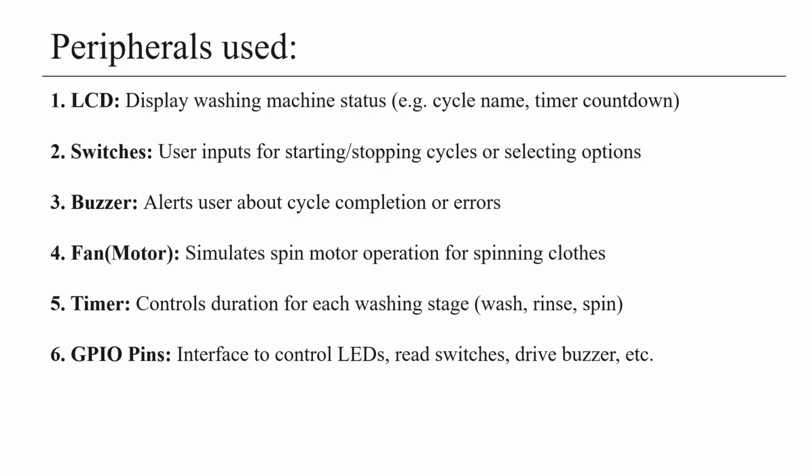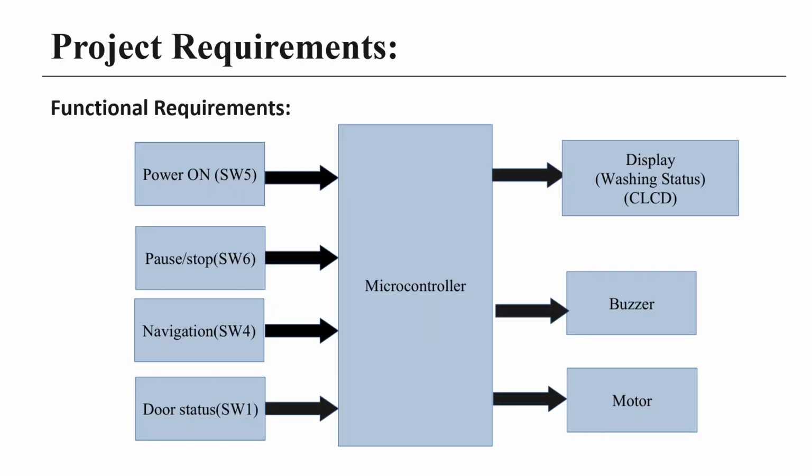Another one is timers, which control the duration of each washing stage, like the washing stage, the rinsing stage, and the spinning stage. And lastly, the GPIO pins, which are used to interface the LEDs, switches, and buzzer with the microcontroller. The project requirements are shown through the diagram below.